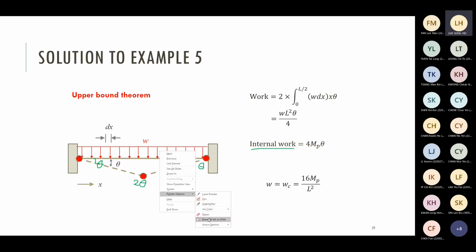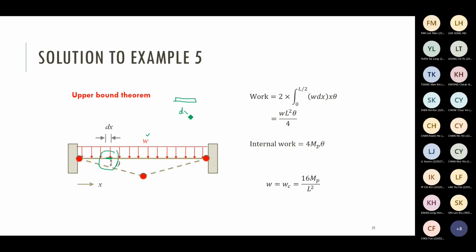But what about the external work? For external work, this time you have to calculate the external work due to W, due to the UDL. How to do so? You may start to consider one small element, maybe here. You consider one small element with length equal to dx. Maybe I draw this here. The length is dx, and the UDL.